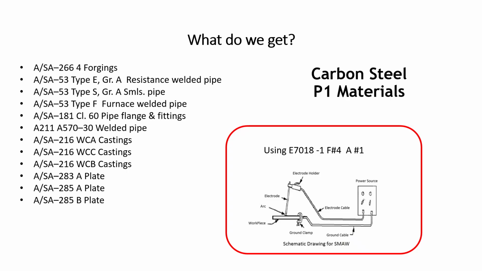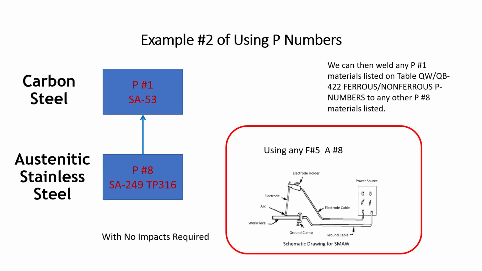Any of these material specification numbers fall under P1 material. And like I said, we have to use this filler metal chemistry set of numbers here with the E7018-1. We don't just have to use E7018-1. We can use other stuff, but it has to be an F4, A1 material.